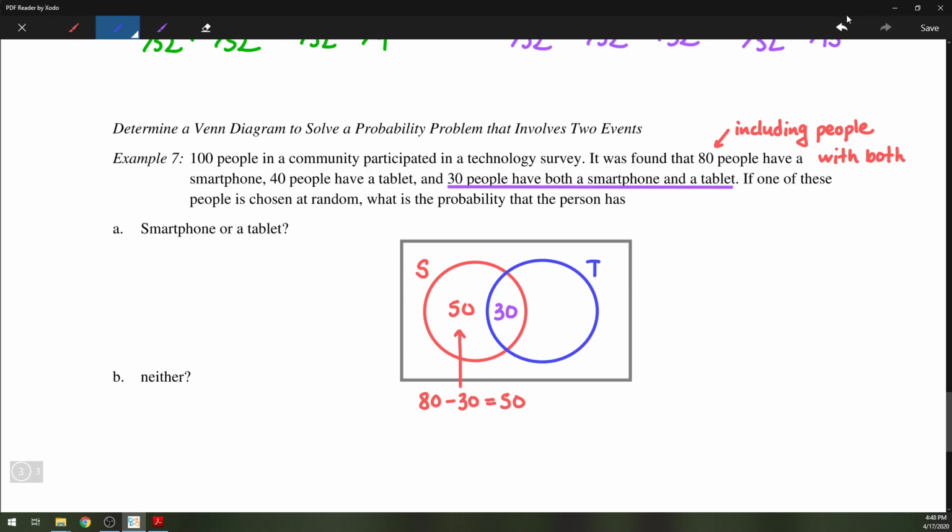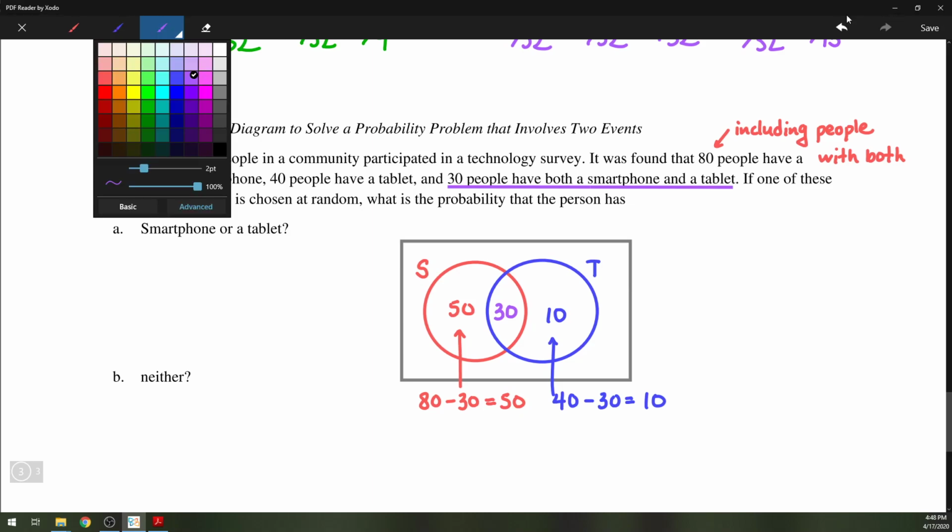Likewise, on the other side, this would be 40 minus 30, which means 10 people have just a tablet. Now, since 100 people are surveyed and the number of people inside the 2 circles add up to 90, there are 10 people who are left out.